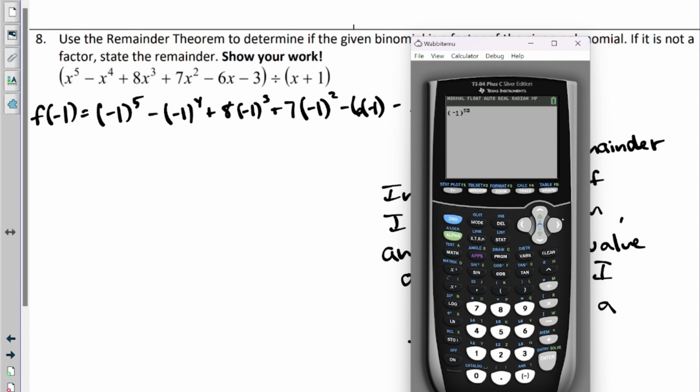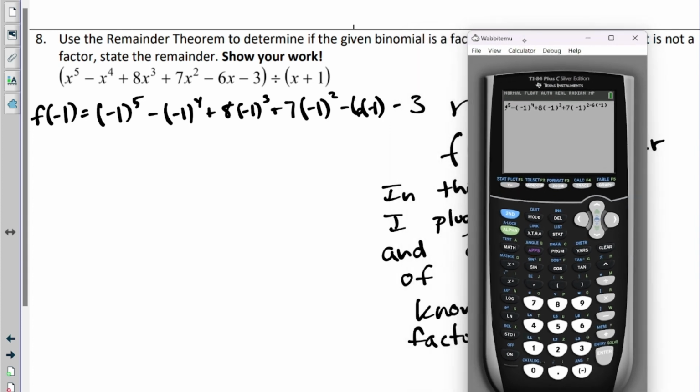Negative 1 to the 5th minus negative 1 to the 4th. Make sure you use parentheses when needed. Plus 8 times negative 1, all cubed. Plus 7 times negative 1 squared. And then minus 6 times negative 1. And then minus 3.